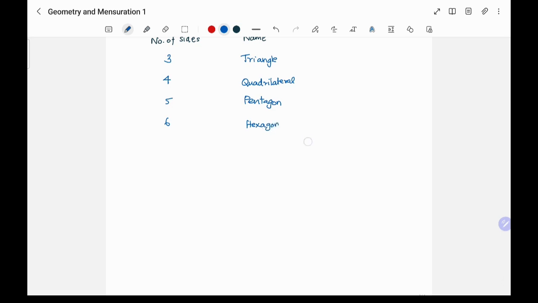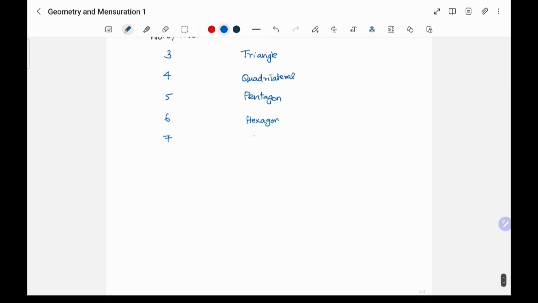Again, pent means 5, hexa means 6. 7 is heptagon. Hept is 7. And then we have 8, which is octagon. 9, nonagon. 10 is decagon.